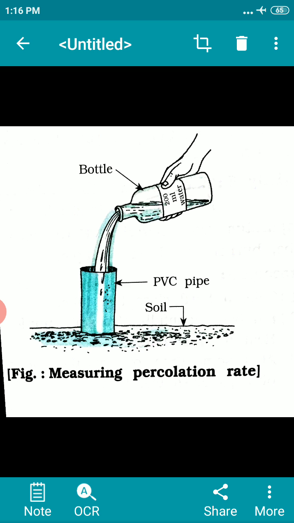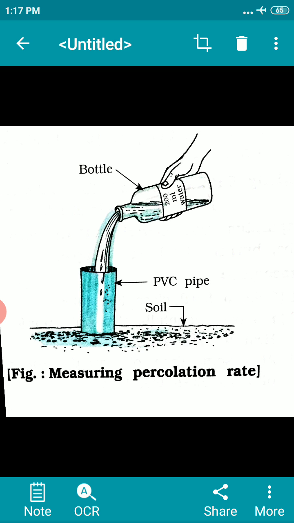From this, find the percolation time, that means T2 minus T1. Then calculate the percolation rate by the formula: the amount of water divided by the percolation time, so that we can find out the percolation rate of the different soils.